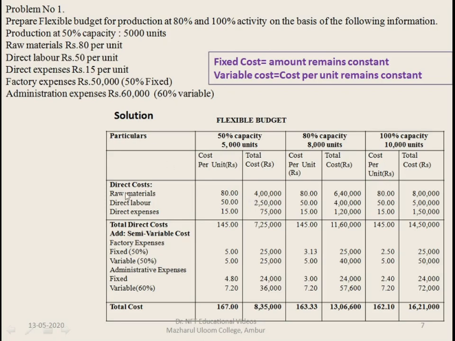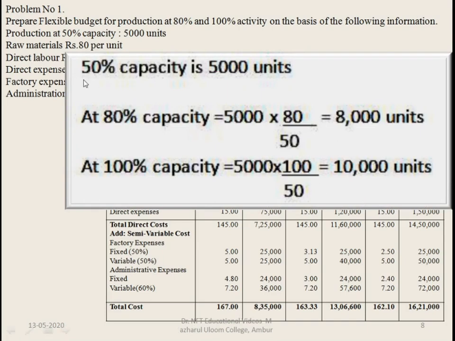So first prepare in this format: particulars, 50% capacity, 80% capacity and 100% capacity. For 50% capacity, it is 5,000 units.